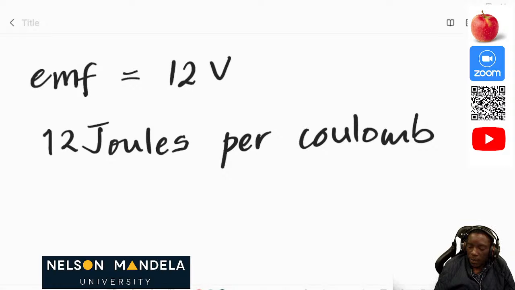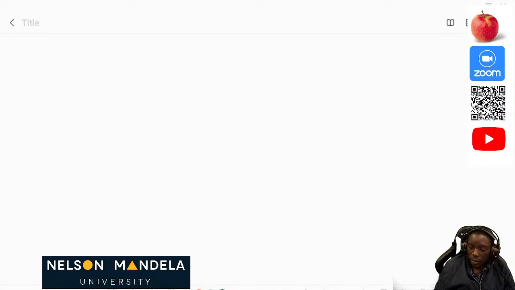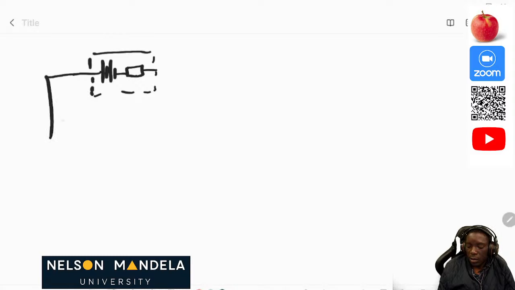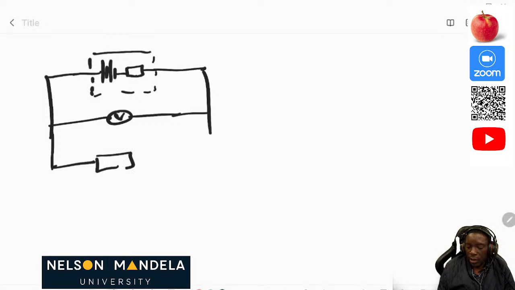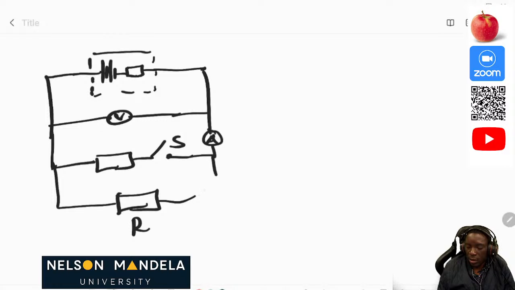So we have a 12-volt battery with an internal resistance, then a voltmeter is connected across, and we have a resistor with a switch. The ammeter is there. Then there's another resistor of unknown resistance R. I think this is 5 ohms, let me check.